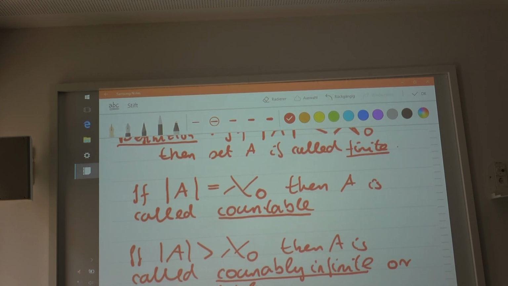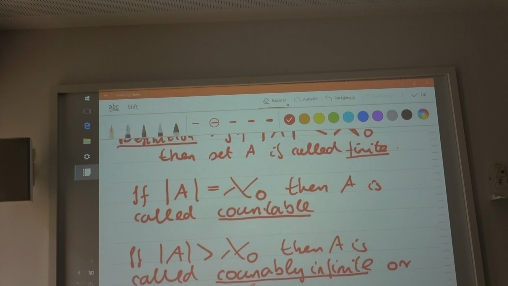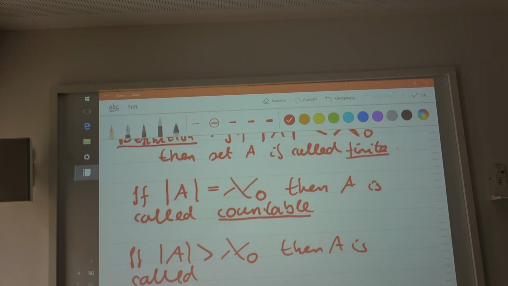So I used to say countably infinite or not countable. No, sorry, I mixed it up, guys. These are the uncountable sets.